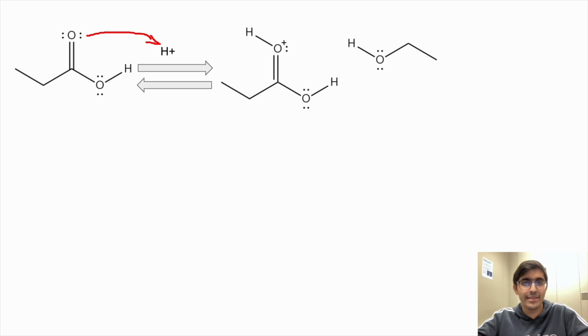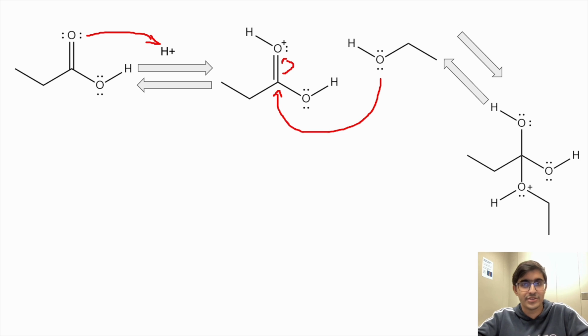And that allows our ethanol in solution, ethanol is usually a weak nucleophile, it has a neutral oxygen, to attack the carbonyl carbon, which can be shown like this. And the carbonyl carbon, to avoid pentavalency, will just kick up some electrons, forming a hydroxyl group with this structure here. That step was called nucleophilic acyl substitution. And this is the resulting structure.